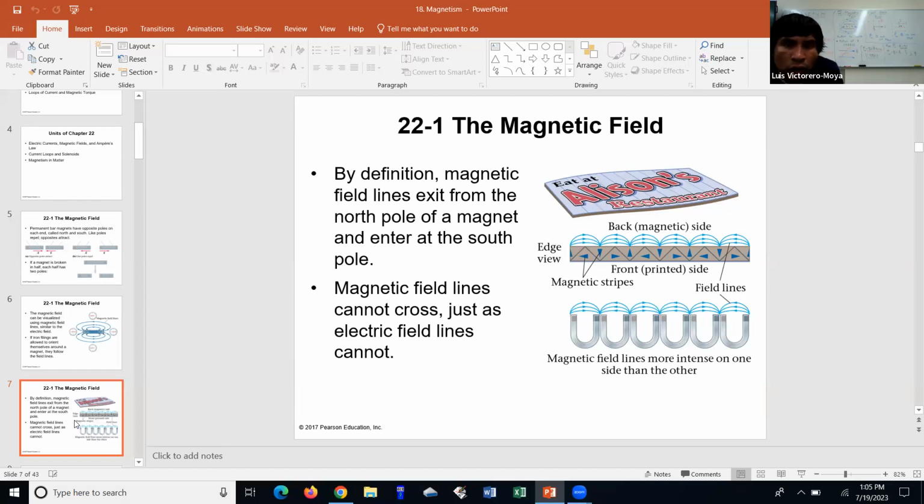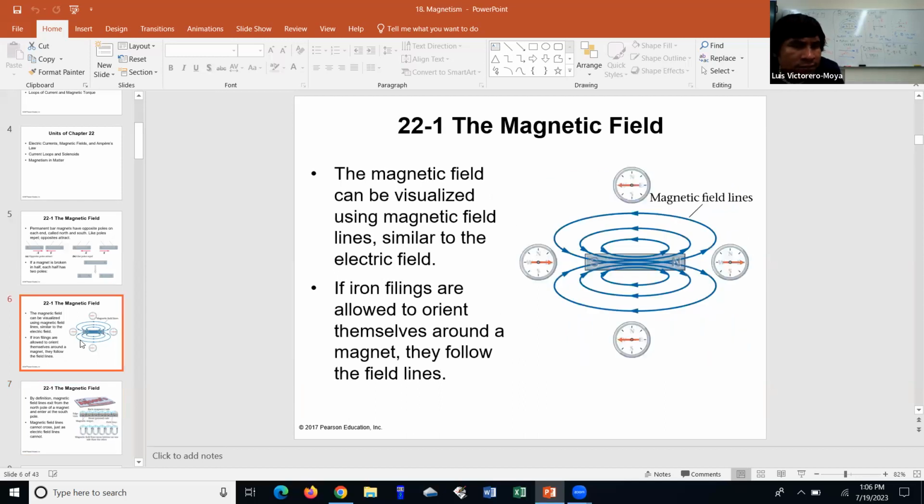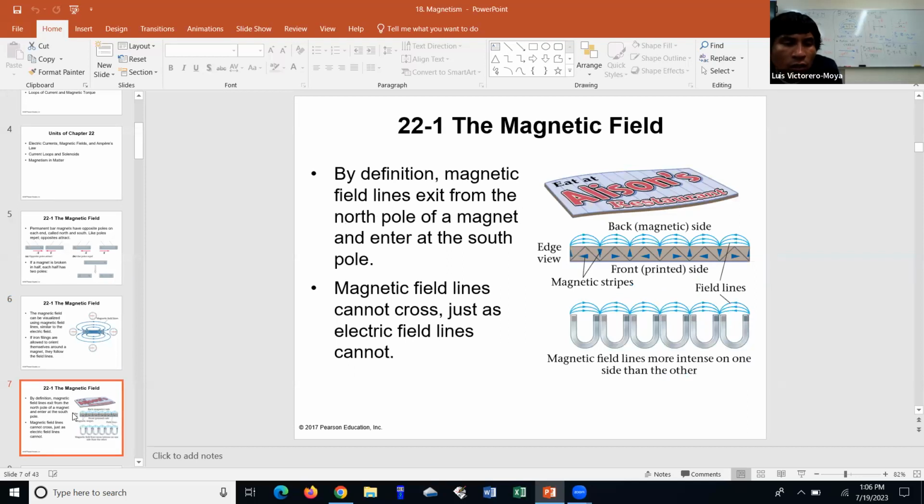All right. Magnetic field lines do not intersect each other, like electric field lines. In the case of electric field lines, we drew them from positive to negative, as you remember. Here we go from north to south in a similar fashion.